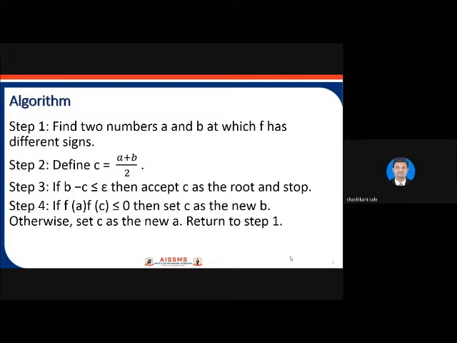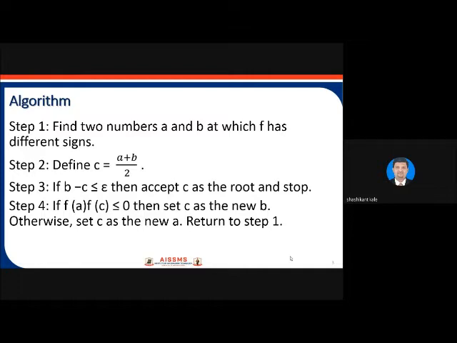If not, then if f of a multiplied by f of c is less than 0, c is considered as the new b. Otherwise, let c be the new value of a, and repeat the procedure for the next iteration.